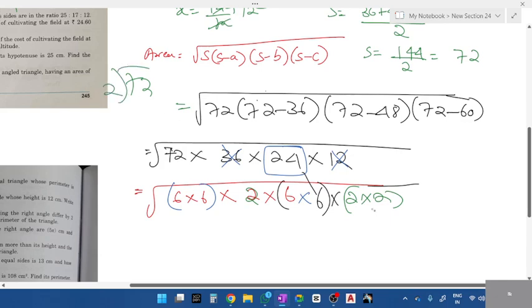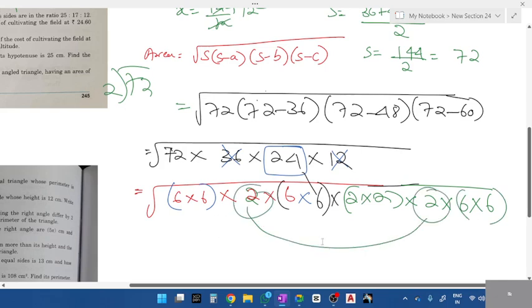What do you get? 2 into what gives 72? 36. So that 36, can I write 6 into 6? Can you see? We have a pair for everything, right? So how many numbers do you have to take out? 1 from each pair. 6 into 2 into 6 into 2 into 6.